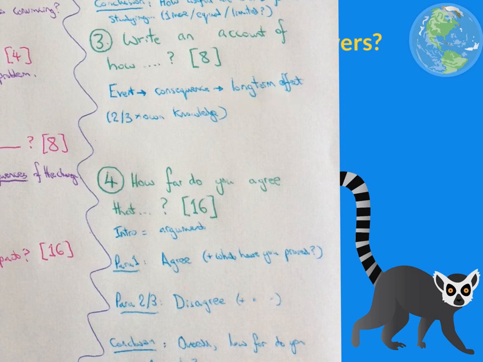He was worried about if he didn't please the Nazis in Austria, then perhaps the same thing might happen to him, and it made it easier, therefore, for Nazis to gain key positions of power in Austria before the invasion occurred. Then you go on with a second paragraph, another event, another consequence, another long-term effect. Make sure you use 2 or 3 bits of your own knowledge in each paragraph as a top tip.